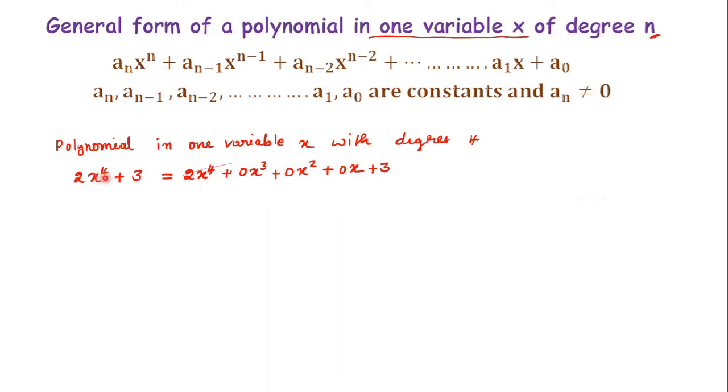So the general form of 2x to the power 4 plus 3 is 2x to the power 4 plus 0x cube plus 0x square plus 0x plus 3. Because in this example we don't have x cube, x square and x, so we write coefficients 0 along with them.